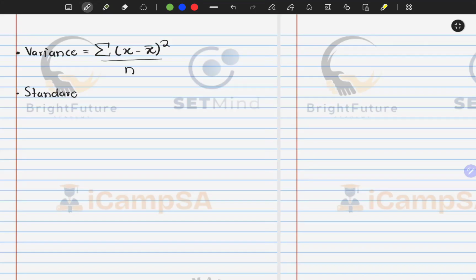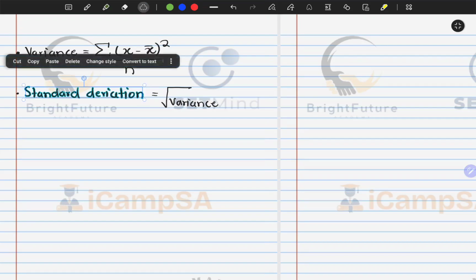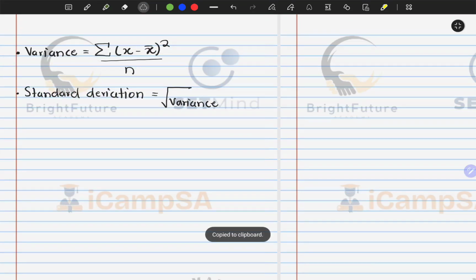So let's have a look at our standard deviation. If you look carefully, it's just the square root of your variance. So you'll have your variance like this, which means essentially our standard deviation, if I can just write that down here, paste that, it will just be equal to the square root of this here.